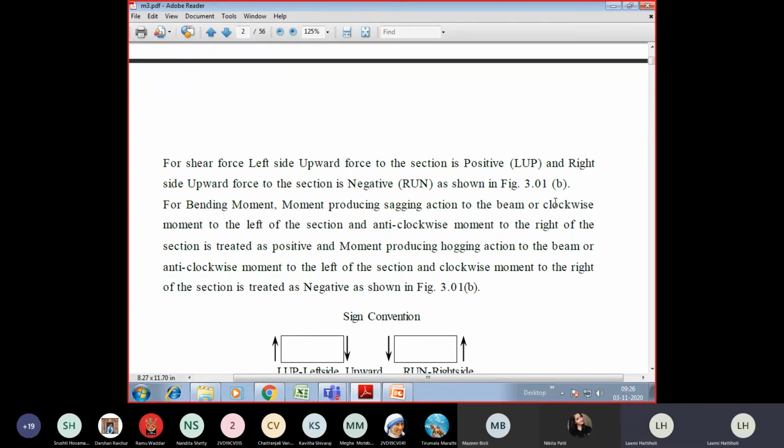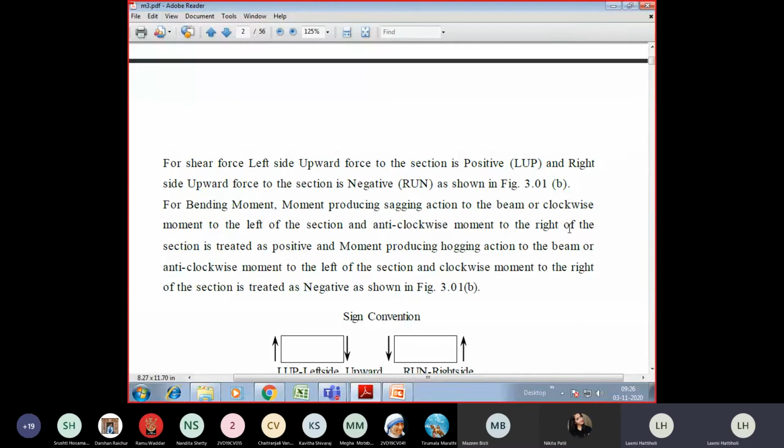While taking equilibrium equations, which sign convention have you followed? Upward force positive, downward force negative, clockwise positive, anti-clockwise negative. Is it not? Yes, ma'am. Yes, sir. Right. Okay. So in a similar way, even for drawing shear force diagram and bending moment diagram, there are some sign conventions. Now let's study that sign convention.